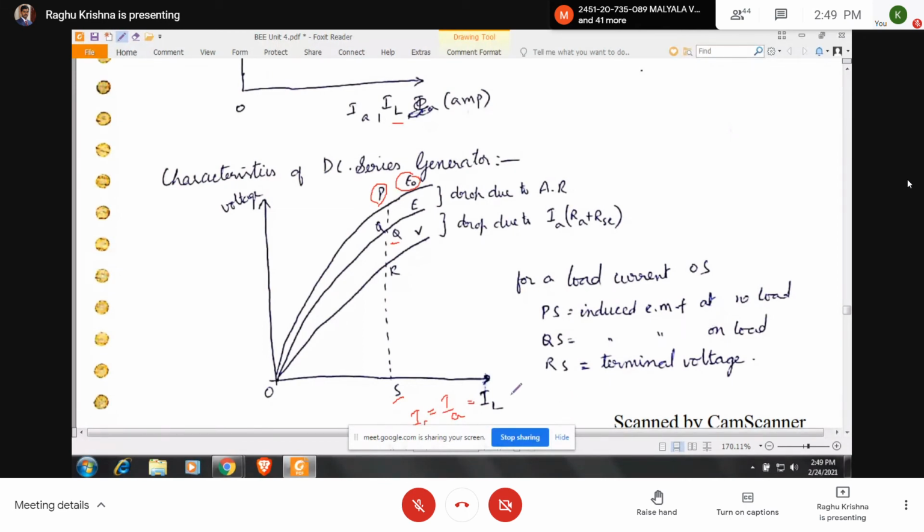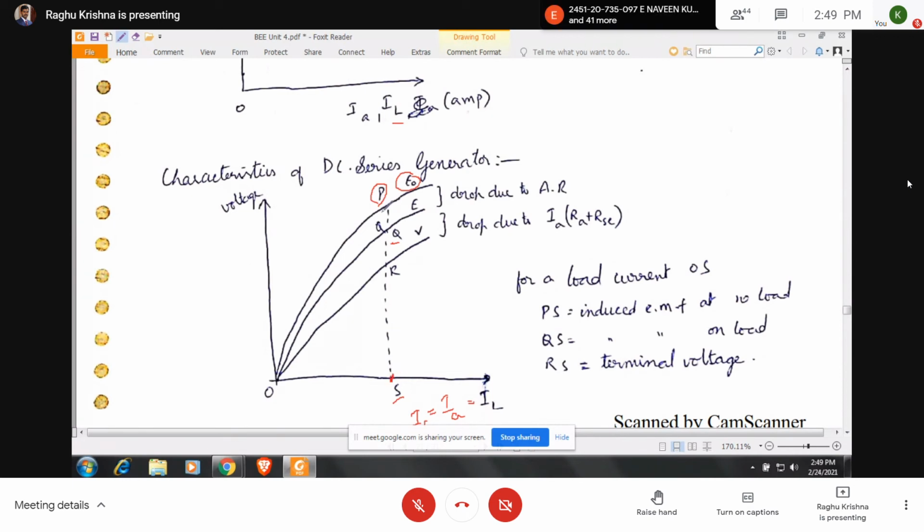If you increase the load current, the drop due to armature reaction increases. Here PS is the induced EMF at no load condition, and QS is the induced EMF on load, and RS is the terminal voltage for a load current equal to this point, whatever the load current you take at that point.